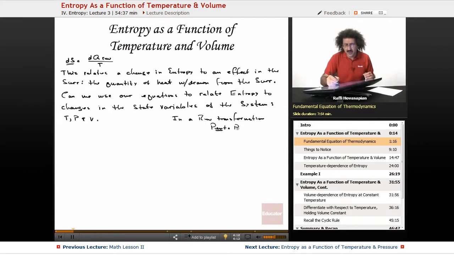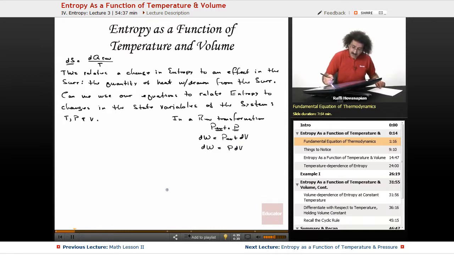So the external pressure, we just set it equal to the internal pressure. Therefore, our definition of work, because we're going to bring work back into this, you remember the definition was P external times dV. Well, if P external equals P, then dW is just equal to P dV.